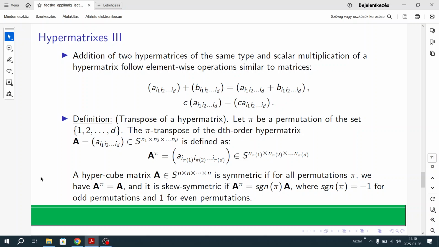Do you recognize it? This is an element of a hypermatrix. It has different indexes, 1, 2, 3, whatever. It's a different element, and you can add them together. It's like matrices, it's the same.